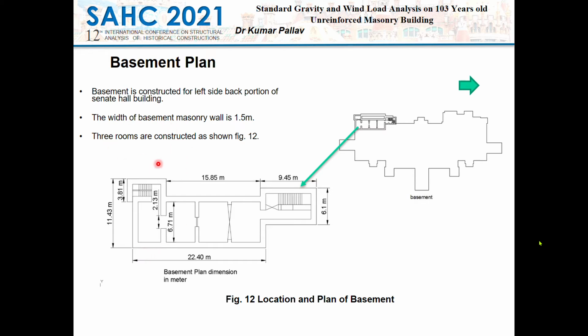The width of the wall at the basement level is quite huge, approximately 1.5 meters. This was definitely used for storage purposes, and this is the entry from where they enter the basement level.